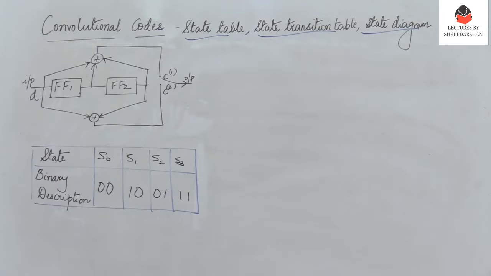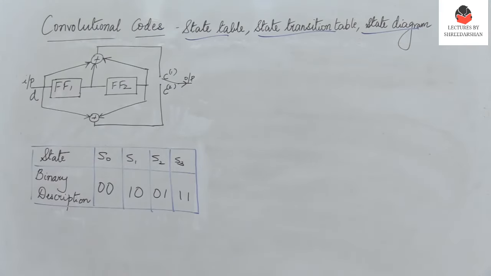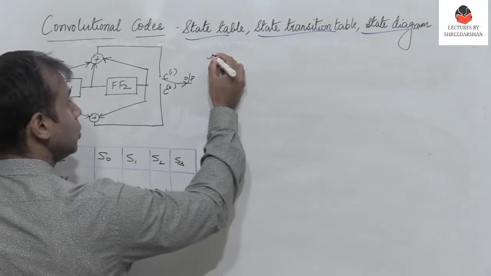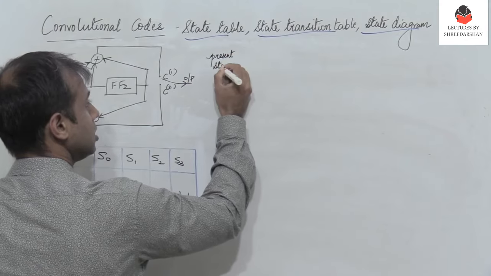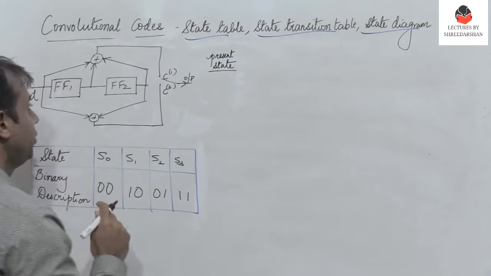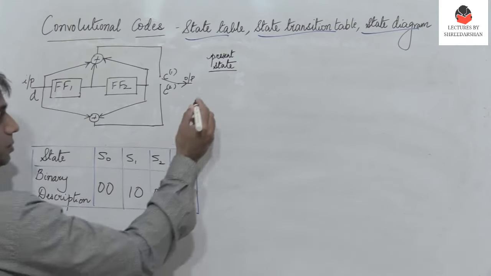So next we move on to the state transition table. In order to write the state transition table, we first indicate the present state of the flip-flops. So either it could be S0, S1, S2 or S3.